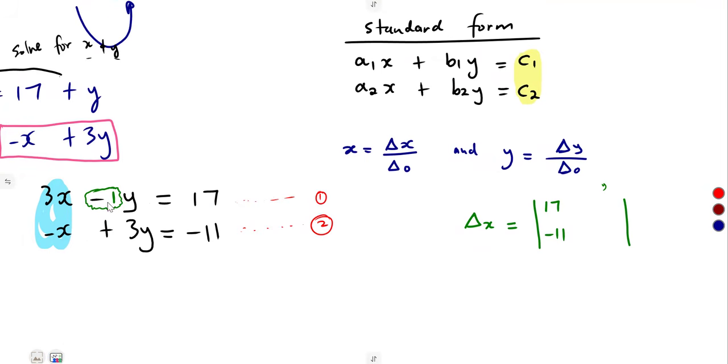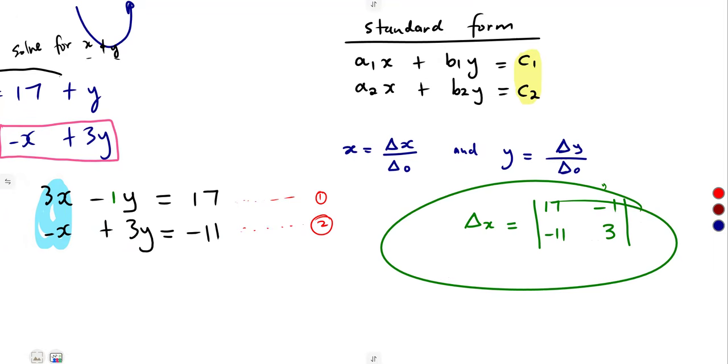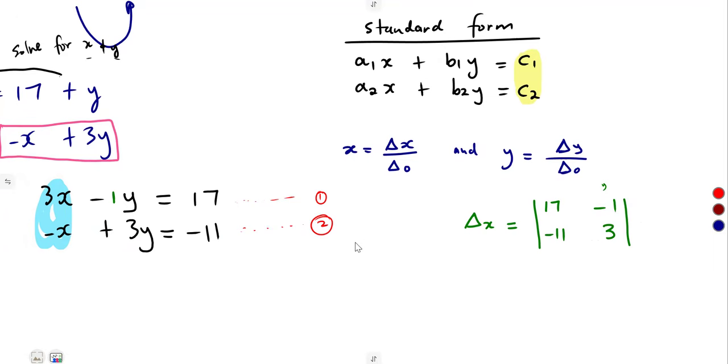Minus 1. That is your coefficient with a sign. So you have got negative 1. The second one, the coefficient of y. What is affecting y here is what? Positive 3. So this is your delta x. You need to determine the determinant of that. Just like that.